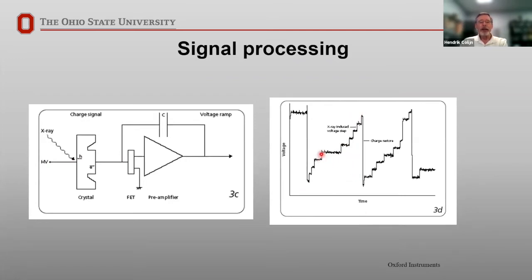And the height of the step then is proportional to the X-ray energy. So that's how you detect and discern which energy you have. In the old days, this would be run into a multi-channel analyzer. Now this is all built in on a card inside the computer.